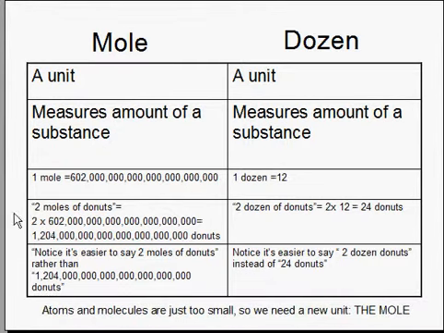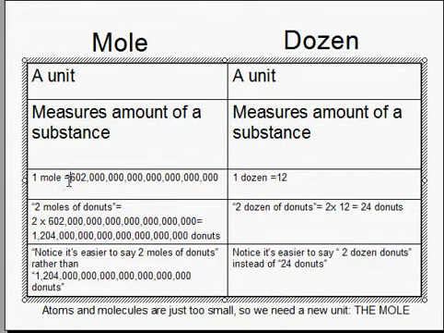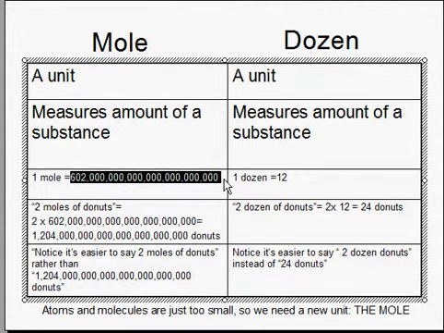And then again, just to really cement it in, we don't want to say there are 602 trillion molecules of water in a cup of water. Instead, we'll say, oh, there are 2 moles of water in this cup of water. Because when you're dealing with atoms and molecules, if you think about a cup of water, for example, there are billions and billions of little tiny molecules that we can't even see that are in there.